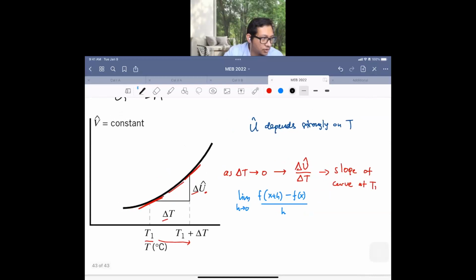And by definition, this is our heat capacity at constant volume of the substance. Not Cp: constant volume means Cv.